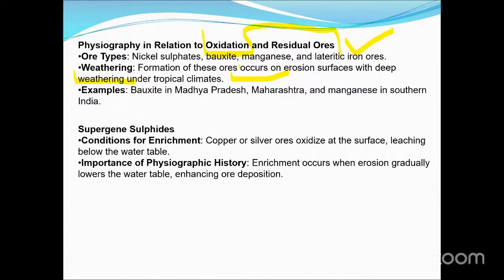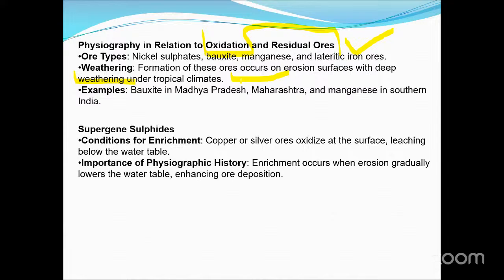Examples are bauxite in Madhya Pradesh. See here, what is the physiography in relation to oxidation and residual ores? These ores have formed due to deep weathering and tropical climates. And what are the ore types? Nickel silicate, bauxite, manganese, and laterite. These oxidation and residual ores are formed due to deep weathering under tropical climates.